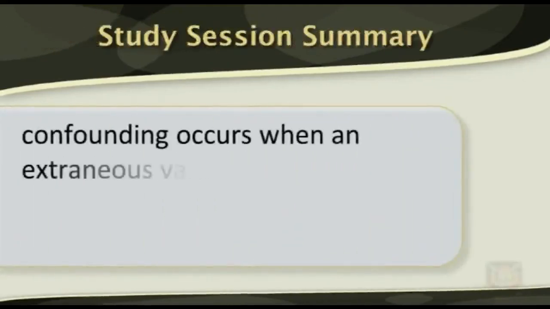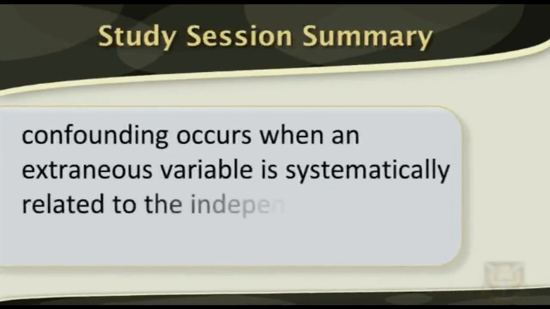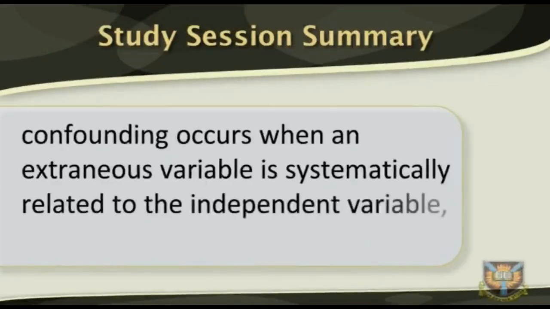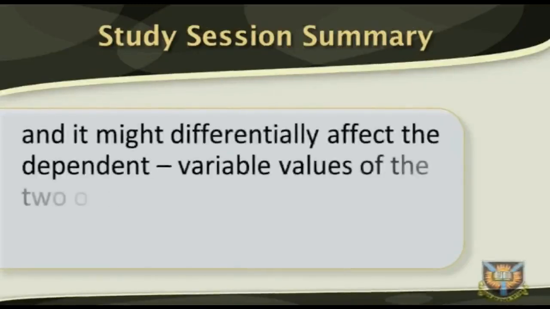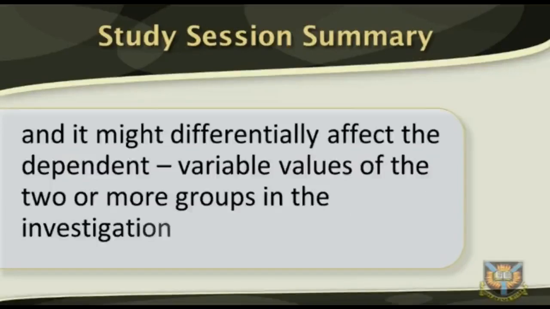Study session summary. You learned that confounding occurs when an extraneous variable is systematically related to the independent variable, and it might differentially affect the dependent variable values of the two or more groups in the investigation.